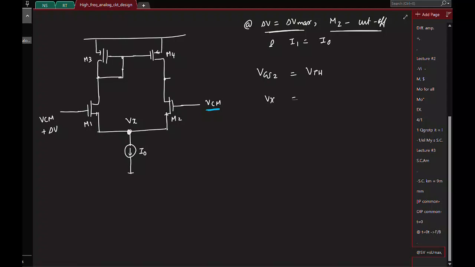We see VCM minus VTH. Is that okay? But notice that this is also equal to the source voltage of M1. So what is the current flowing in M1 now? I naught. When M2 is just cut off, I naught is flowing through M1.